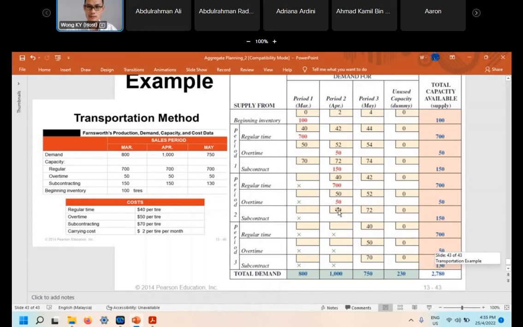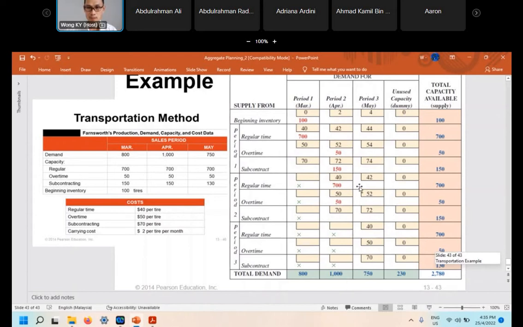Then next cell here, 70. What is the amount I can assign? 50. Why 50? Because I cannot exceed the demand. Cannot assign 150 here, even though my capacity is 150, because if I put 150 here, I will exceed the demand.